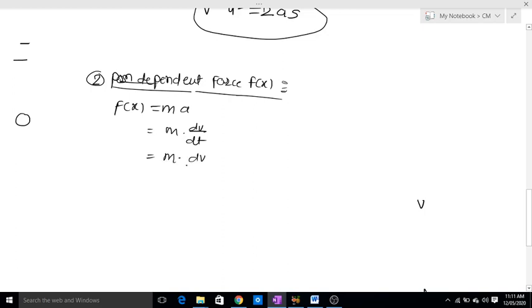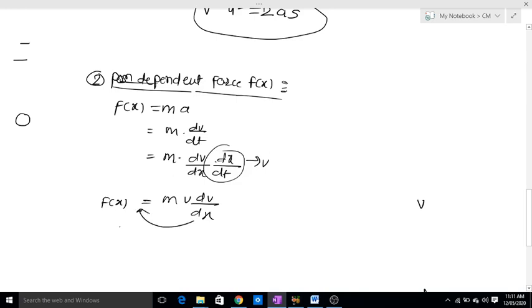Now adjust here dx by dx, and dx by dt is nothing but velocity, and the right hand side f of x. Move this here: f of x into dx equals m into v dv.